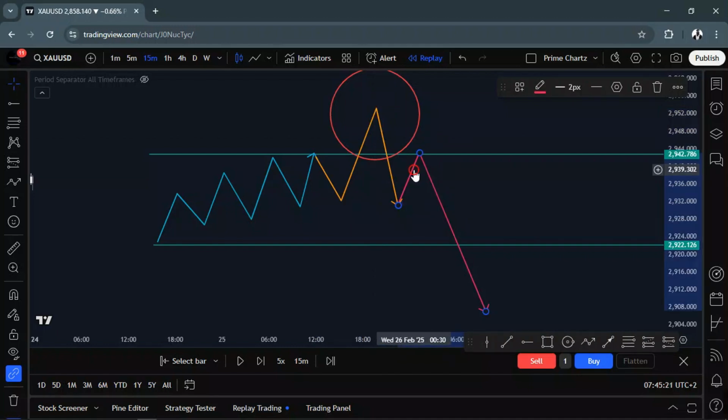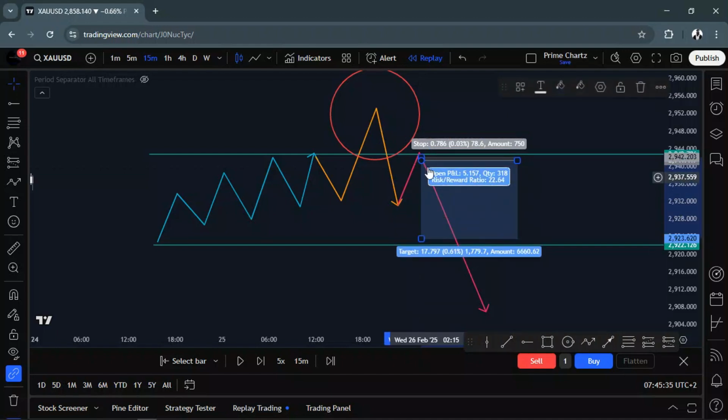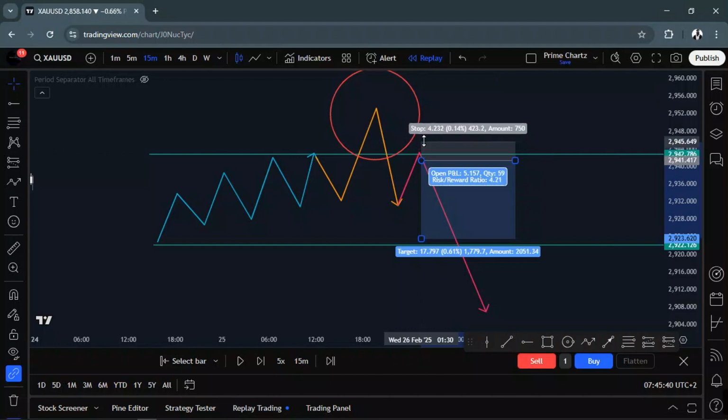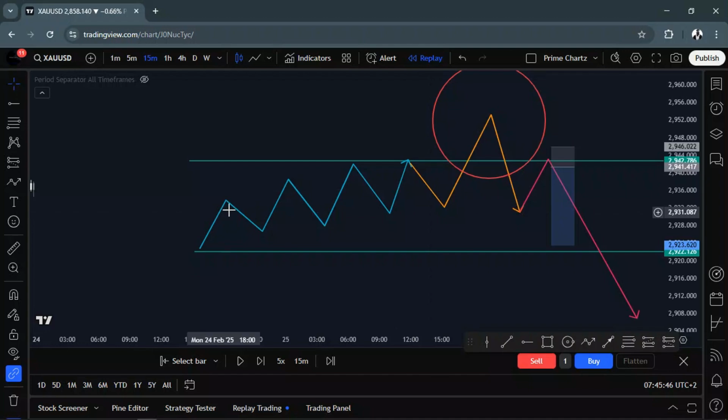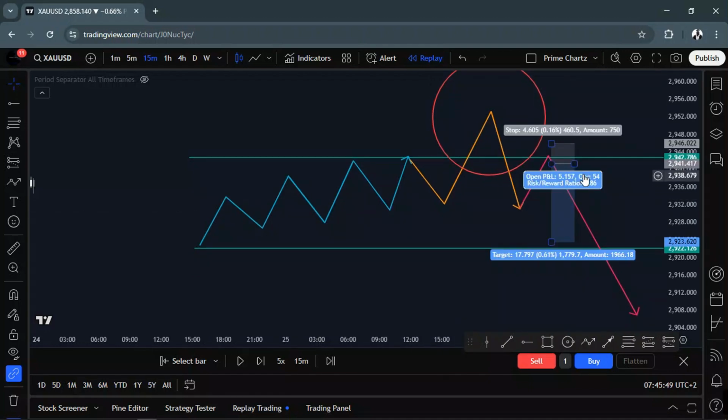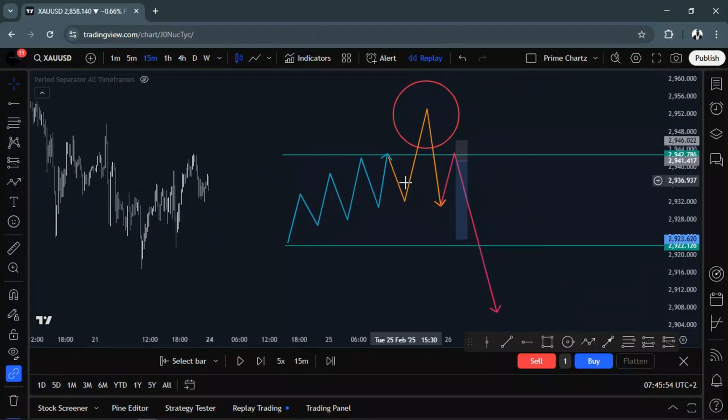And on the last candlestick right here, we want to see price gravitating towards the fair value gap and then distributing to the downside. And this right here, the distribution phase, this is where we want to take advantage of this movement. On the distribution phase, we are going to look for selling opportunities, right? So we are going to have something like this: accumulation, manipulation, and then distribution, right?